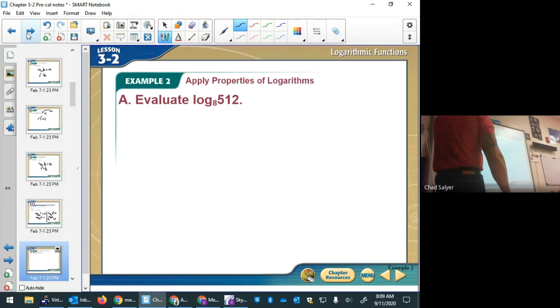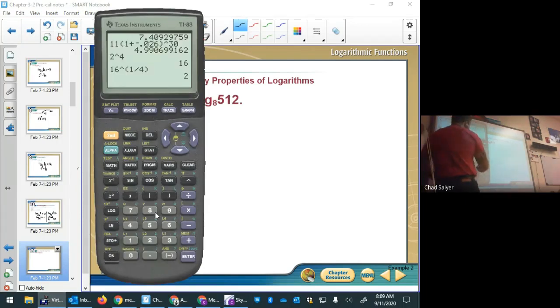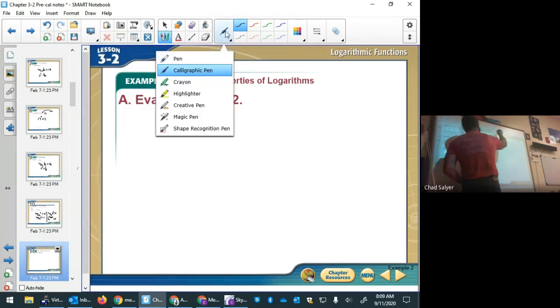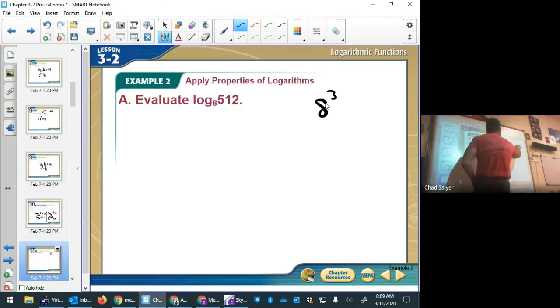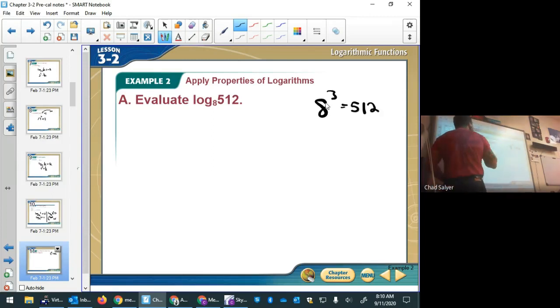All right, so let's evaluate one. So we have to know, and remember, I told you guys, knowing some higher powers of the first few numbers is important. So if I have 8, we know 8 squared is 64. And then 8 to the 3rd power is 512. So I'll make note of that over here. 8 to the 3rd power equals 512.